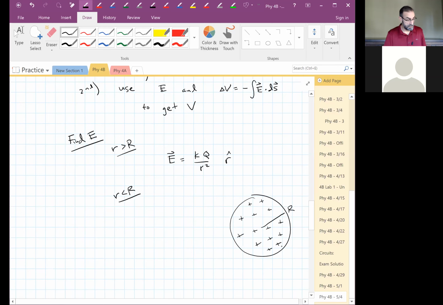Okay, so we've got a charge distribution. We're going to draw our Gaussian surface inside here somewhere, right? And we'll use Gauss's law.